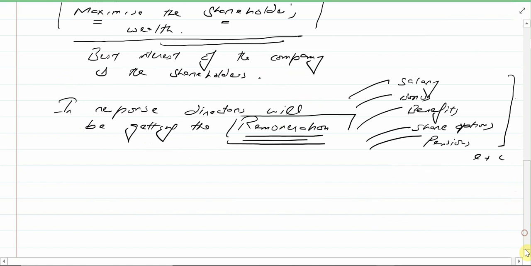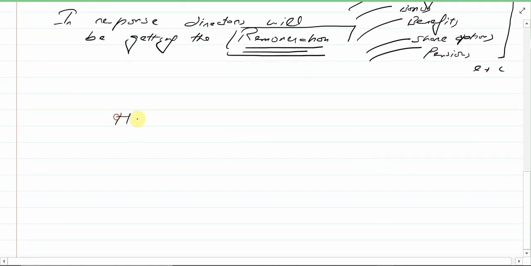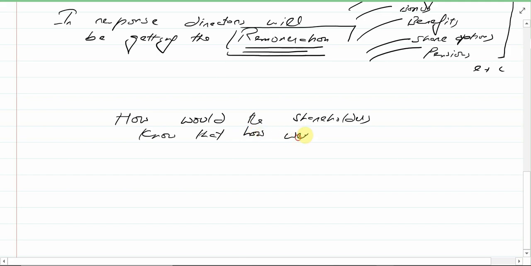Now, how would the shareholders know how well the company is performing?